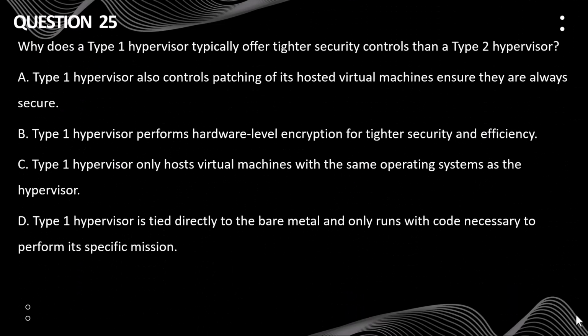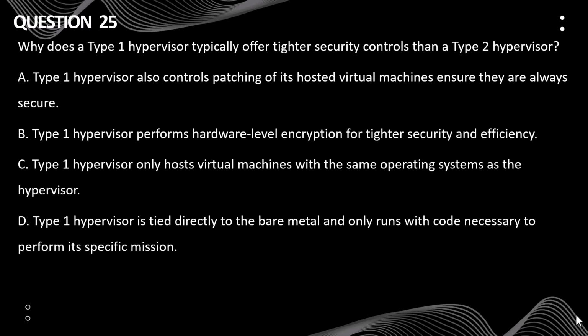Question 25. Why does a type 1 hypervisor typically offer tighter security controls than a type 2 hypervisor? Option A. Type 1 hypervisor also controls patching of its hosted virtual machines, ensuring that they are always secure. B. Type 1 hypervisor performs hardware level encryption for tighter security and efficiency.